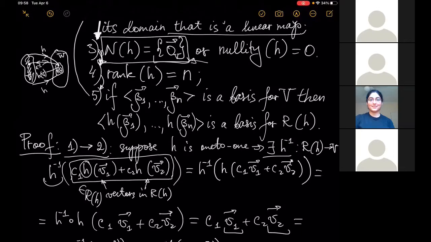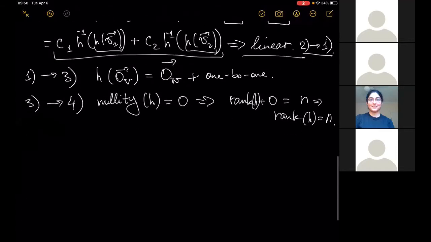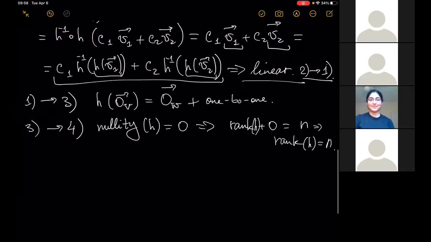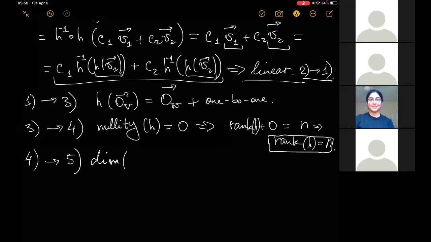I need to prove that if I start from a basis for V, then the image of this basis will also be a basis for the range of the homomorphism. Because the rank is n, it means that the dimension of the range of H is n, right?